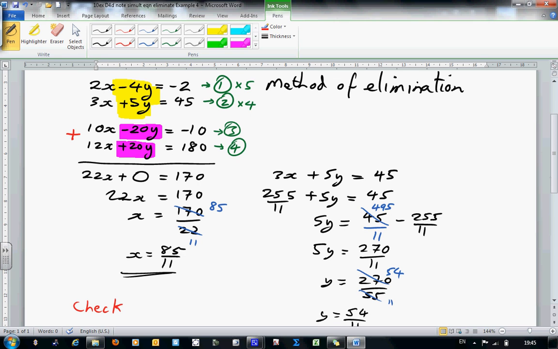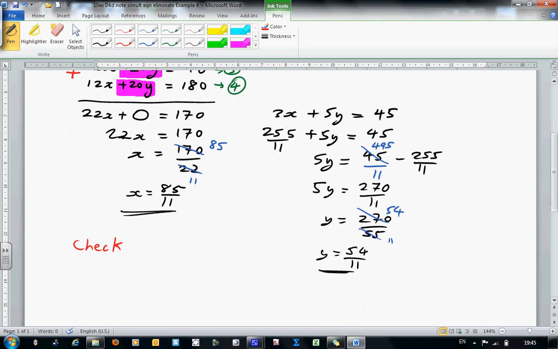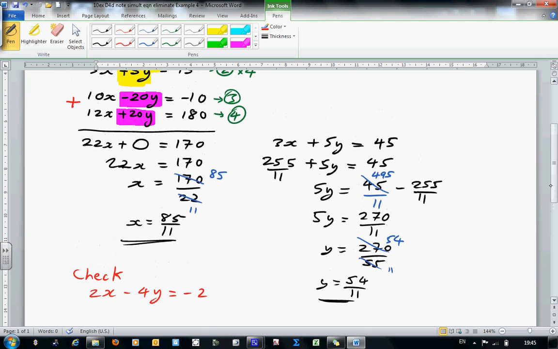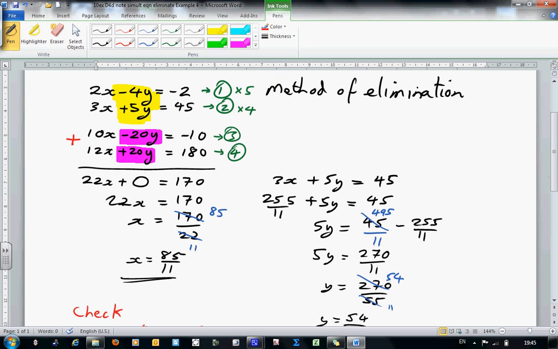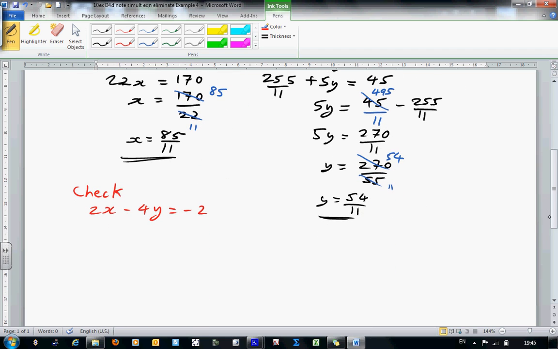Let's see if that is true. 2 times x is 2 times 85 over 11 minus 4 times y, 4 times 54 over 11, should give us negative 2. Let's have a look.